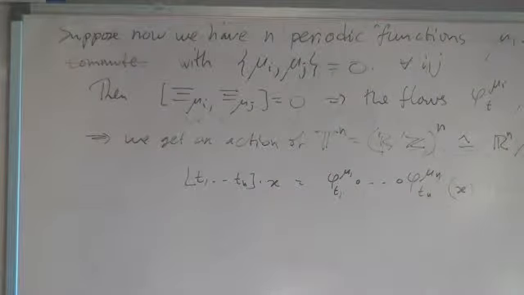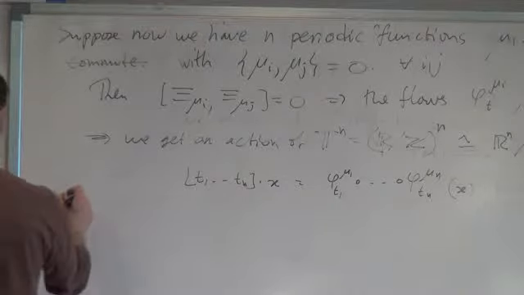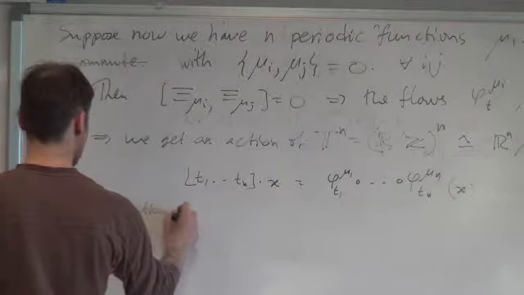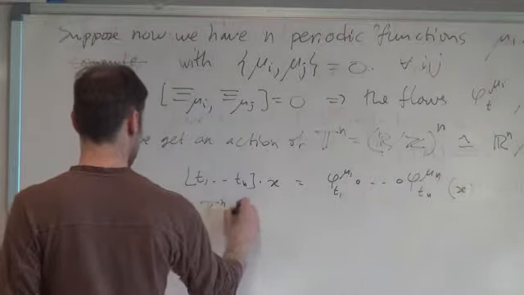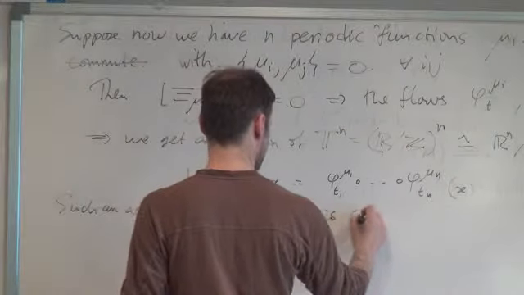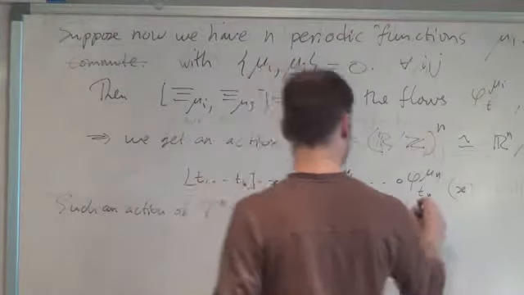And the order is not terribly important because they commute. Right, so such an action of T^n on (M, omega) is called Hamiltonian.